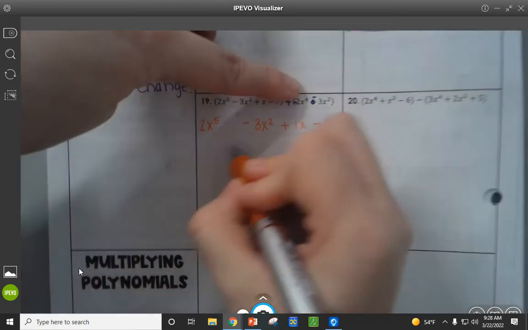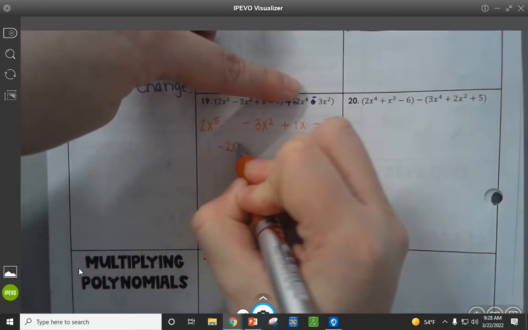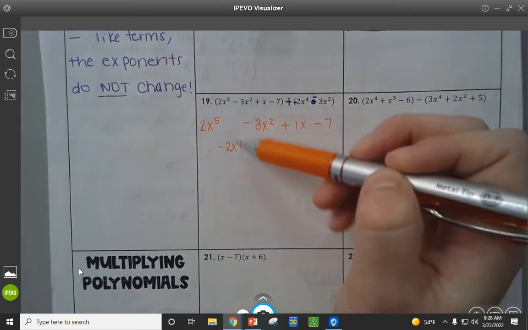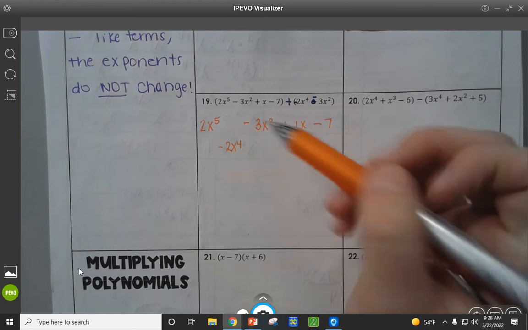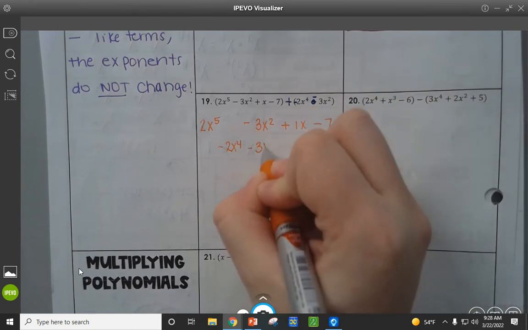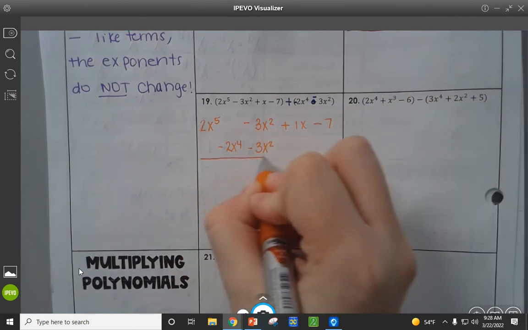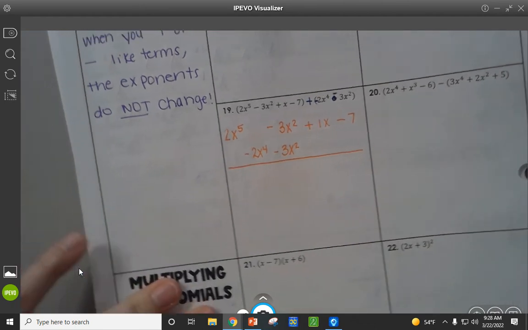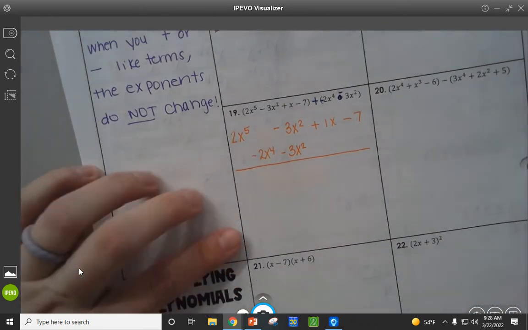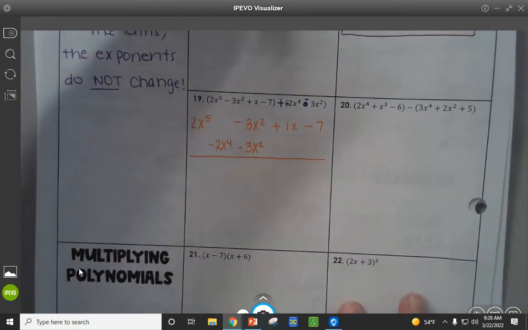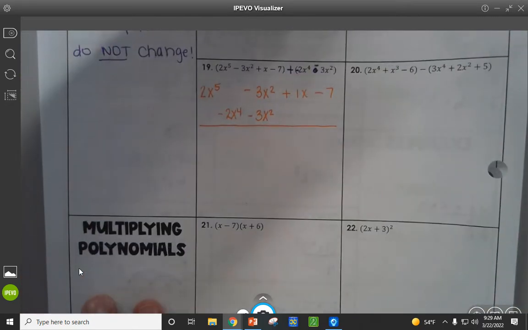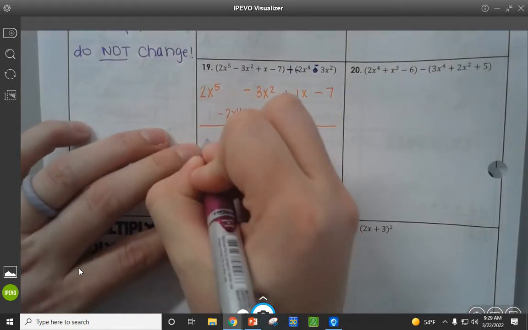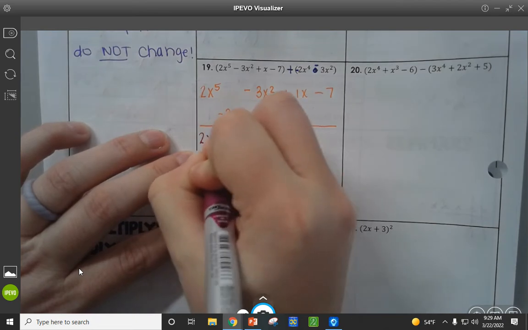And then in my other one, I have a negative 2x to the fourth. It's going to go here. And then a minus 3x squared. So bring down my 2x to the fifth.